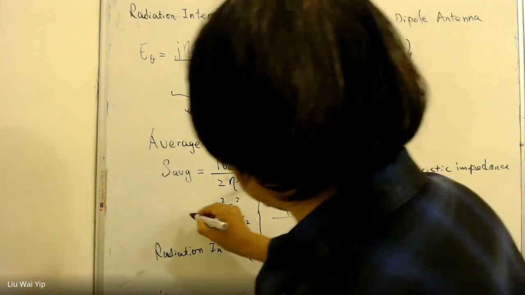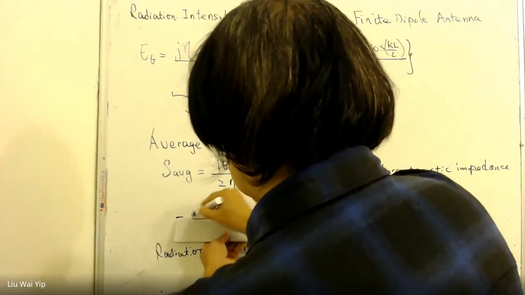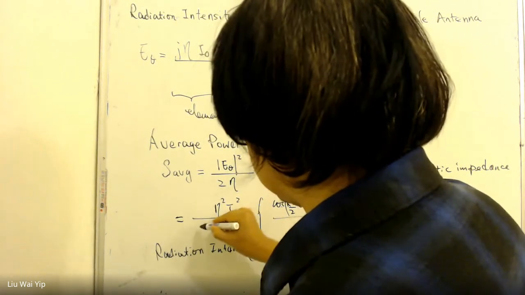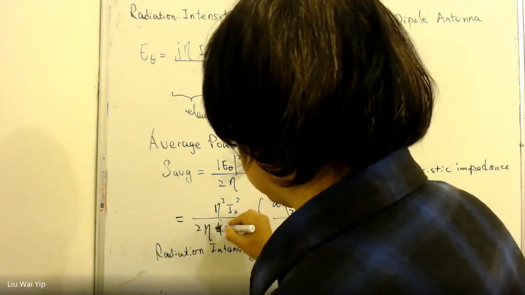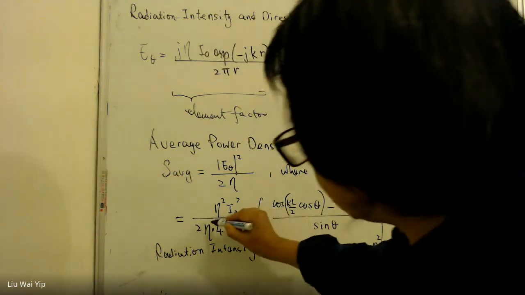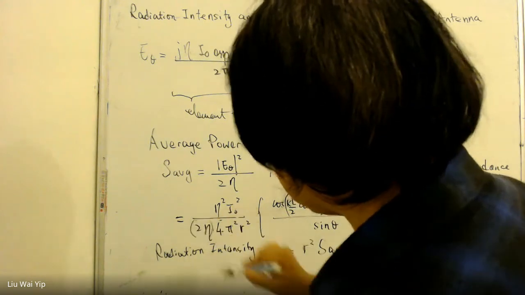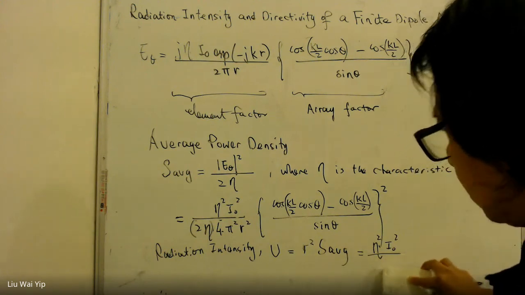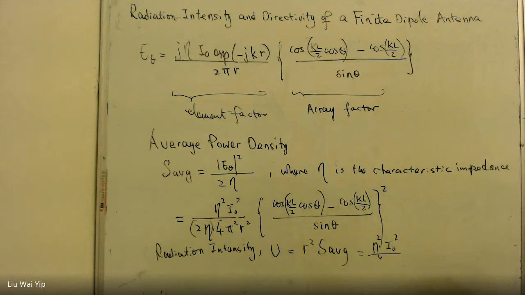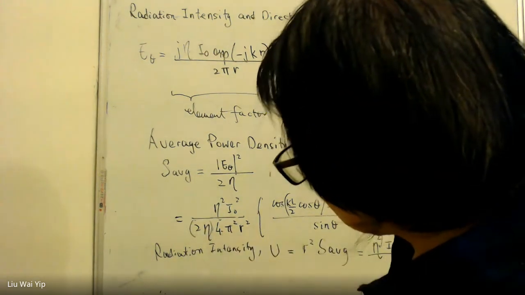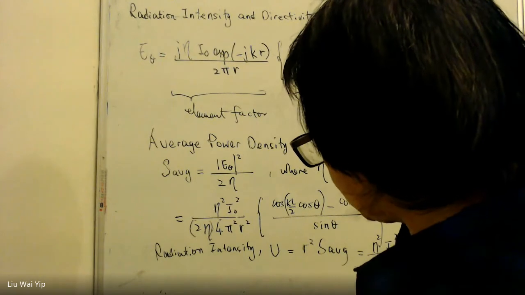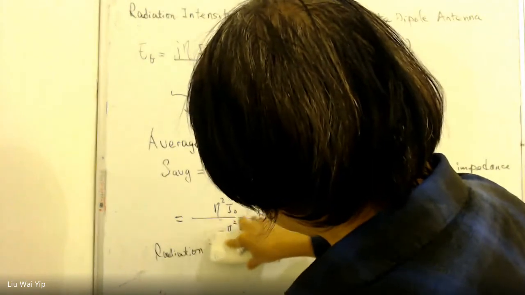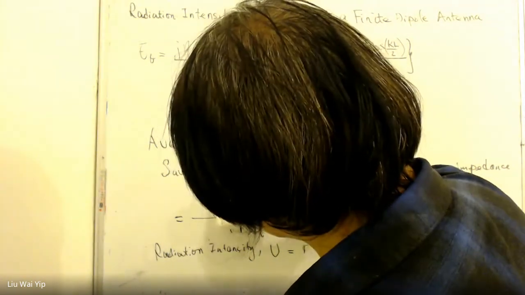So this should be divided by 2 eta. Based on what we have got here, we just do a simplification on the fly. 2 eta, 4 pi squared and r squared. So we just do this, 8 eta, and then we cancel out this term.